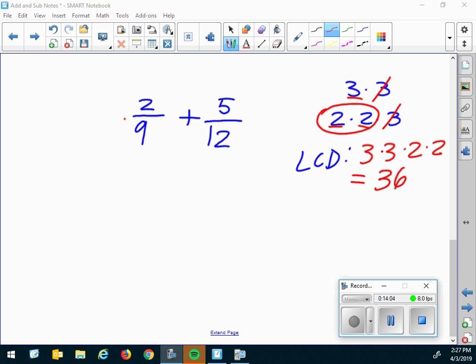That means the other one needs the other factor. Now, why am I multiplying by 4 over 4? Because that's 1, and I can multiply anything by 1. It might look different, but it still has the same value. Right? Okay. Now, what do I need to multiply this by? Look.